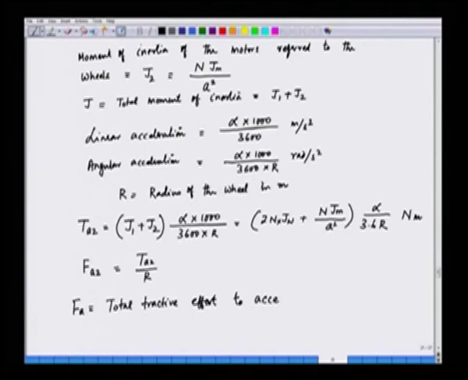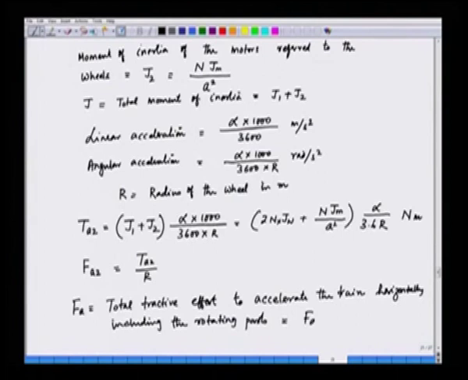to accelerate the train horizontally, including the rotating parts, is FA1, which we have already evaluated, plus FA2, and FA2 is obviously the tractive effort for angular acceleration of the rotating parts.